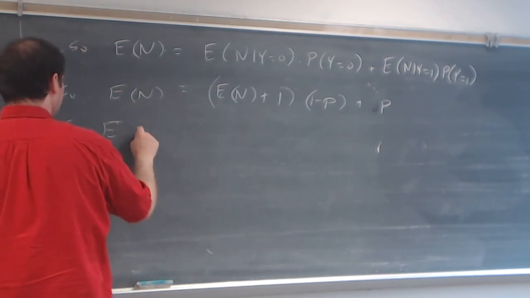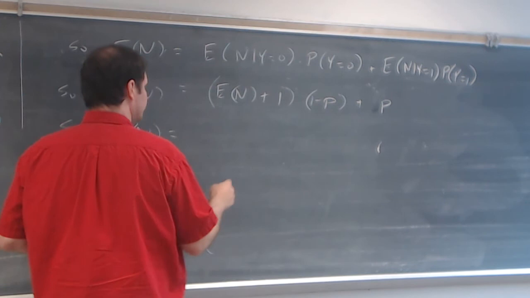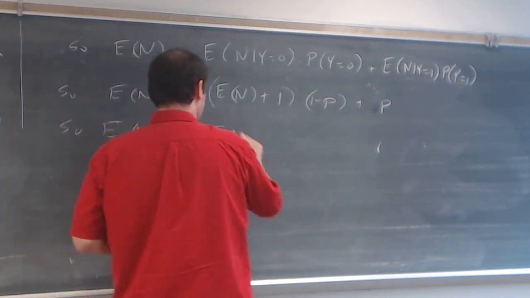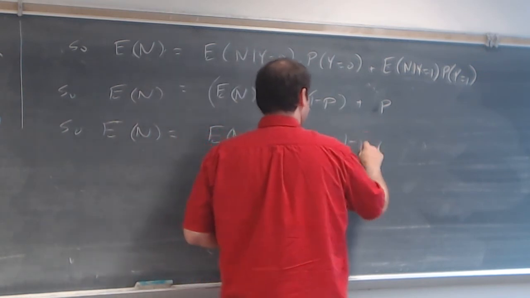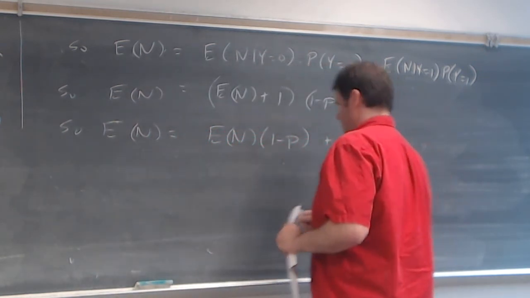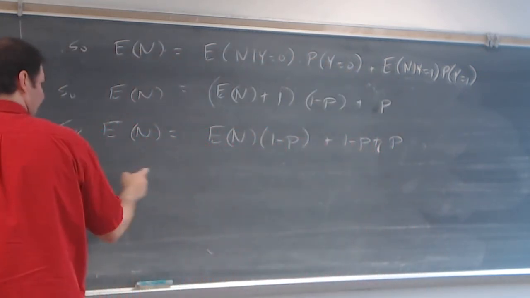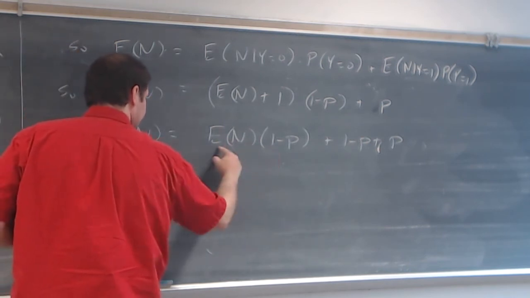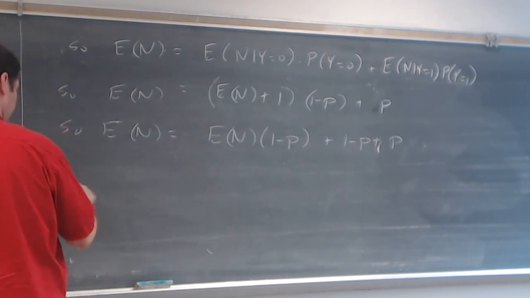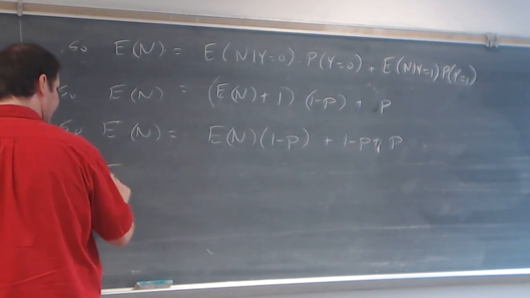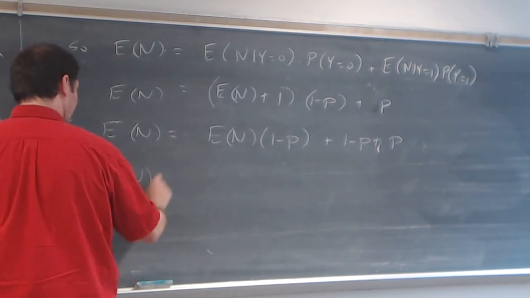So the expected value then is equal to the expected value times the quantity 1 minus p, plus 1 minus p plus p. Okay. So this is the expected value of n minus the expected value of n times p. When I move all of that over here, we're just going to get the expected value of n times p.